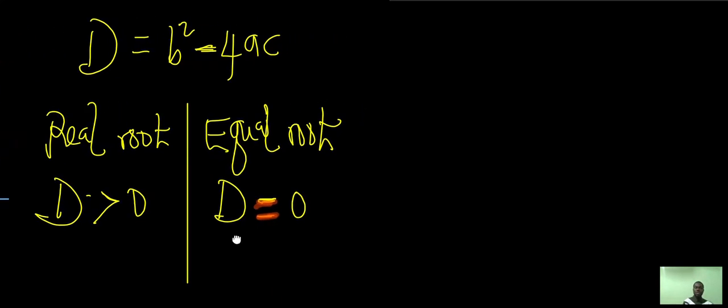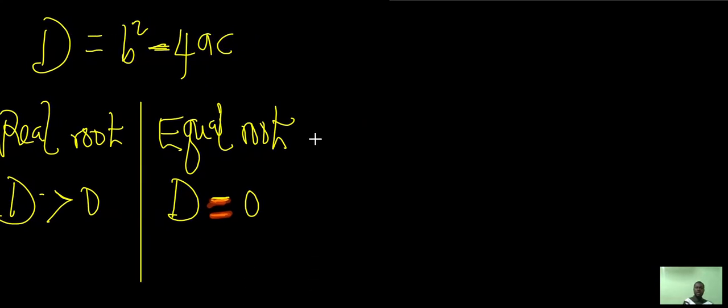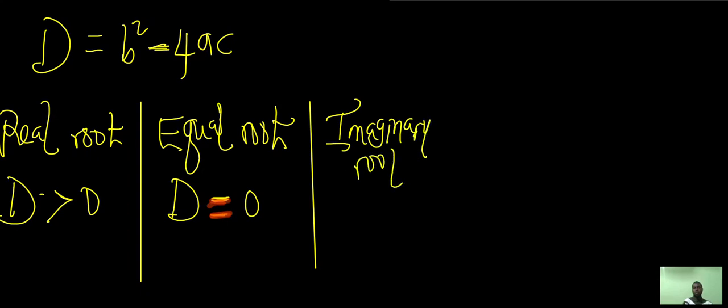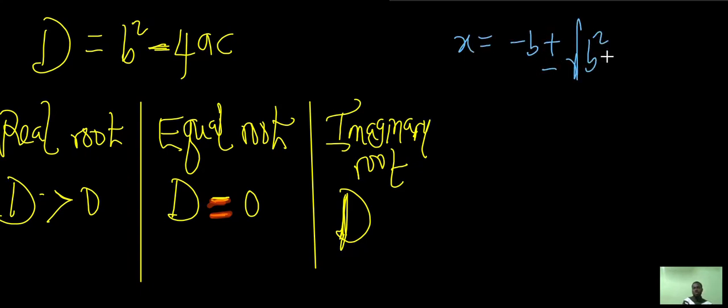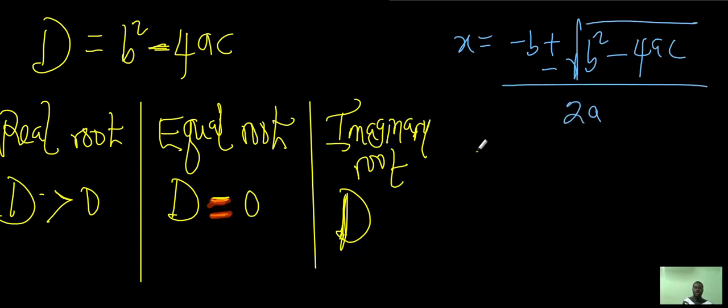Imaginary root or complex root. If the quadratic equation has an imaginary or complex root, what will be the discriminant? We want to ensure that the number under the square root is negative.